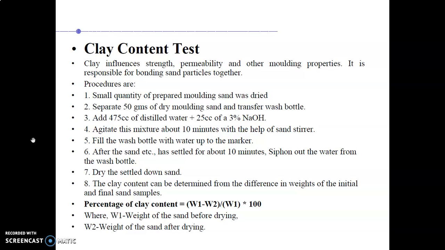Now here we have a procedure. A small quantity of prepared molding sand is dried first. Separate 50 grams of the dry molding sand and transfer it to the wash bottle. Add 475 cc, that is cubic centimeters, of distilled water, plus 25 cc of 3% NaOH.